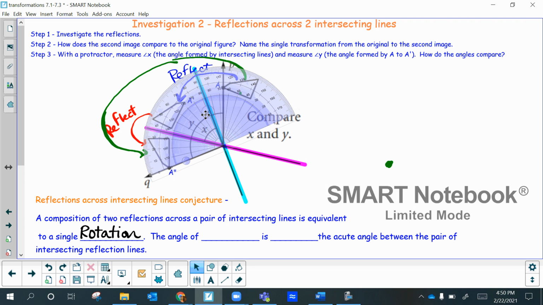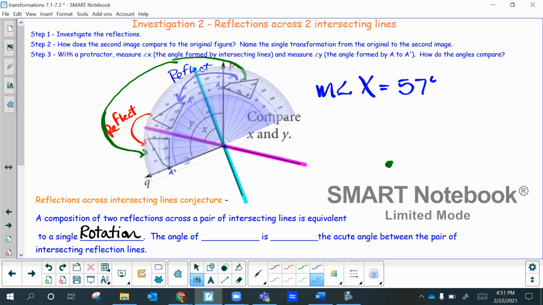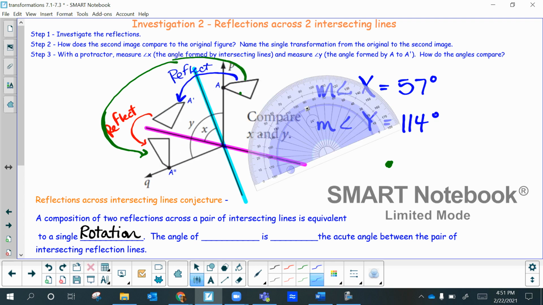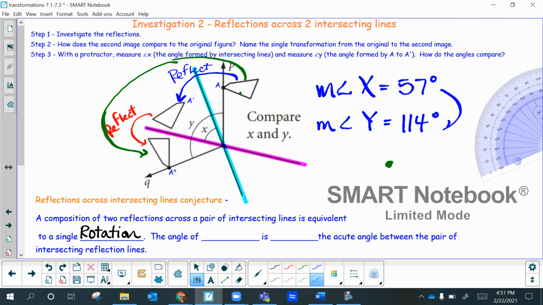And that looks like it is 114. Okay, so let's write that down. We said the measure of angle X was about 57 or 58, around there. And then the measure of angle Y, which was from A to A prime, is about 114. So what do you notice between those two angles? This is exactly double, or it doubles. So kind of the same situation as over there.